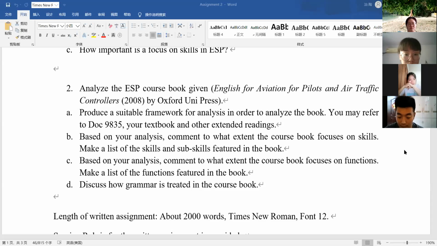Also, I found a related research done by William. He has proposed an analysis framework for task-based learning, which is the main focus in our own analysis framework.